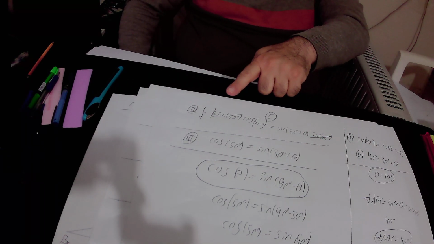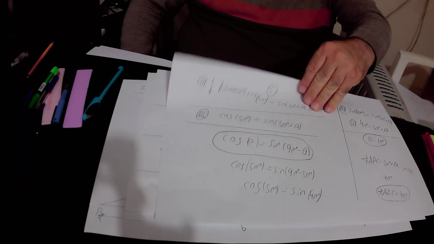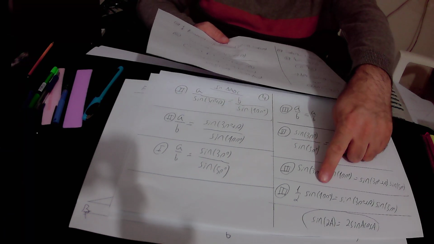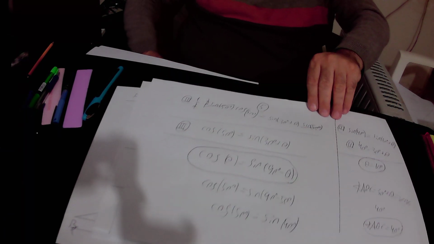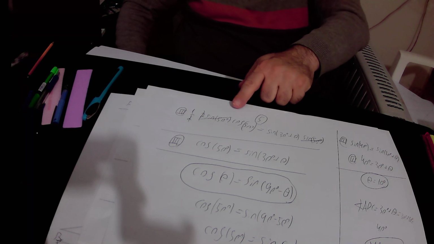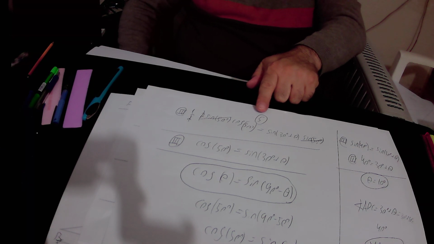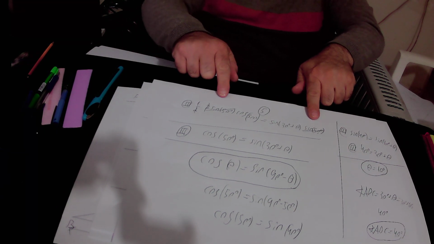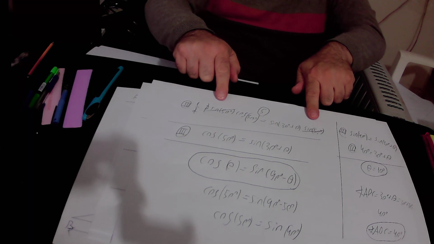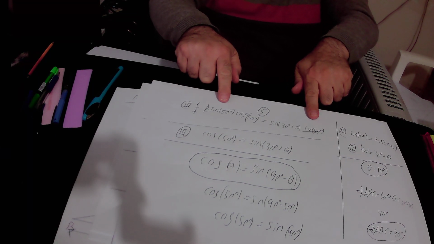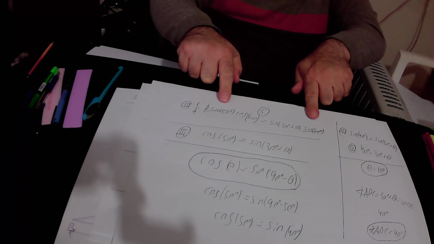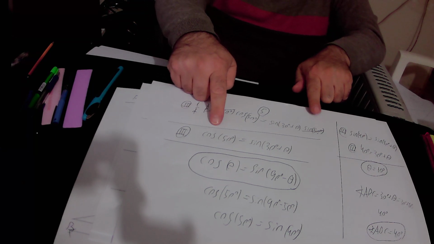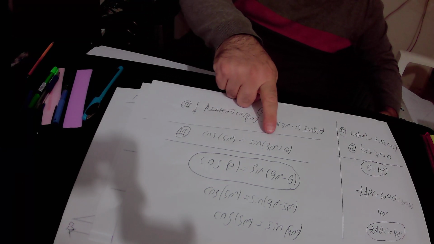So we have 1 over 2 times 2 sine 50 degrees cosine 50 degrees, and it equals sine 30 degrees plus theta times sine 50 degrees. We have sine 50 degrees on both sides of equation number 3, so sine 50 degrees will get cancelled. What is left from equation number 3 after we cancelled sine 50 degrees is cosine 50 degrees on this side, and it equals sine 30 degrees plus theta.